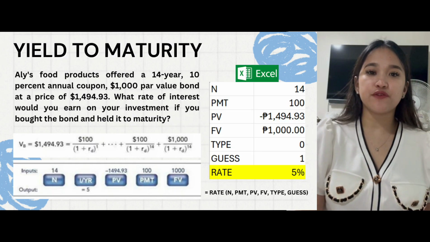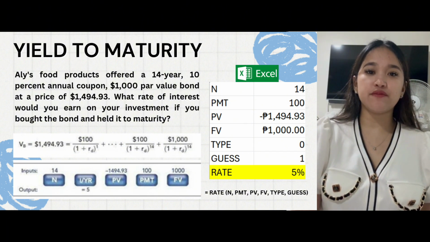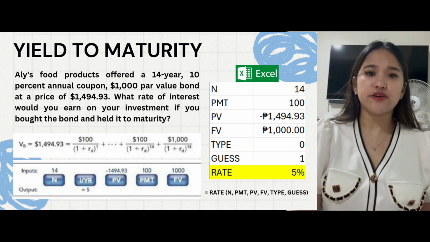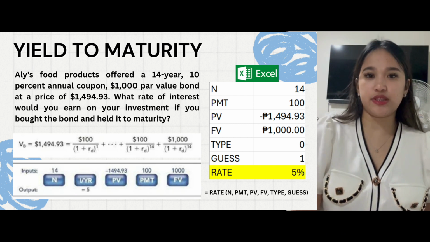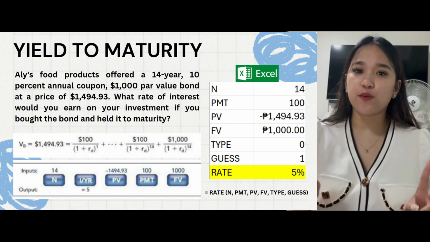Suppose you were offered a 14-year, 10% annual coupon, $1,000 par value bond at a price of $1,494.93. What rate of interest would you earn on your investment if you bought the bond and held it to maturity? This is called the bond's yield to maturity, or YTM.